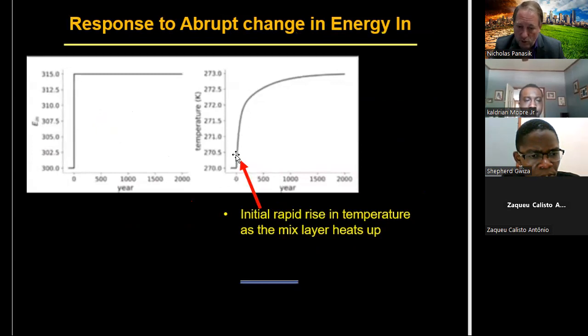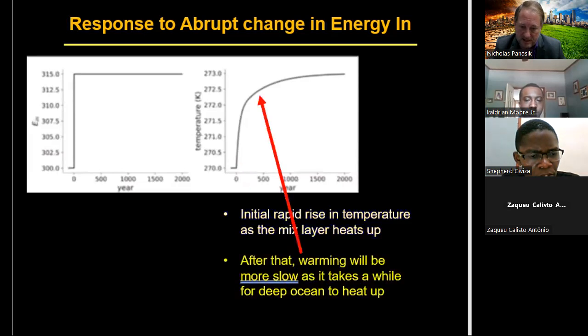And according to our models, it's going to increase quickly because we're going to warm the mix layer first. And then once the mix layer is all warmed up, it's going to start exchanging with the deep ocean and beginning to heat up the deep ocean. So after this initial rise, the rise in temperature is going to be more slow.